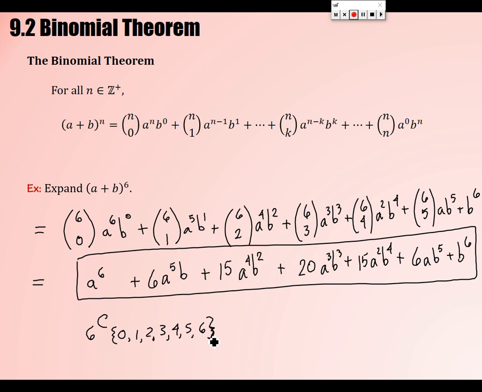It'll give you all the coefficients at once. Try that. So type in 6 and then nCr, and then in curly braces, separated by commas, the numbers 0 through 6. It'll just give you, as an output, 1, 6, 15, 20, 15, 6, 1, right?